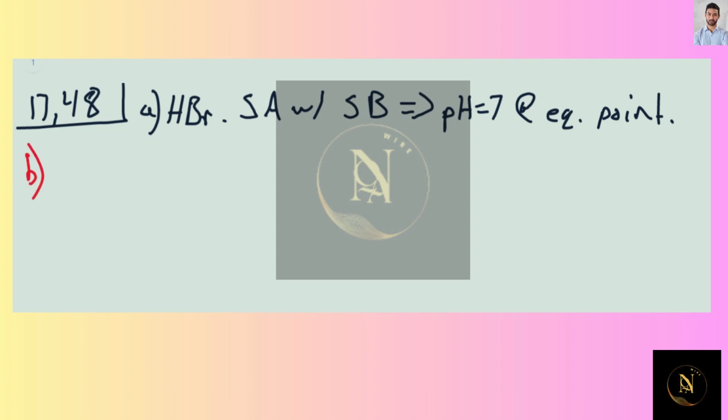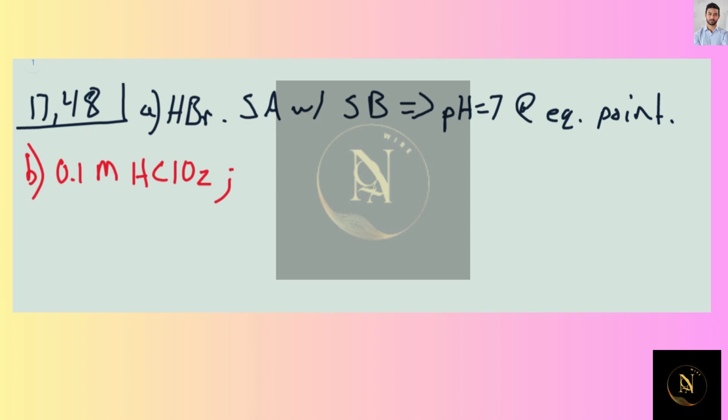So we'll move on to part B, where the acid which we're titrating against is chlorous acid, HClO2, and the concentration is 0.1 molar. So here, we can go ahead and draw the equilibrium that will occur when the acid has been neutralized.